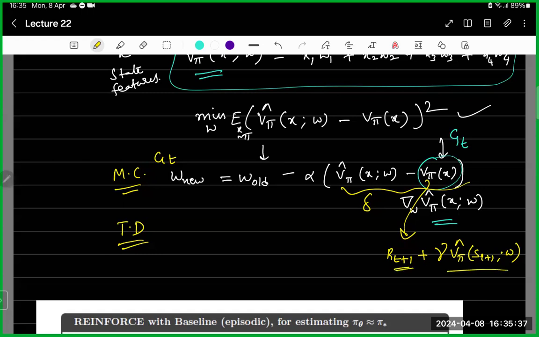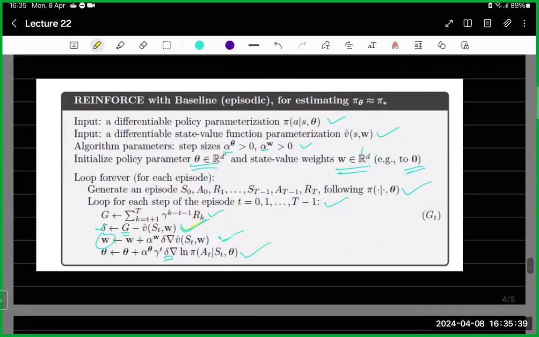So these are the only two changes that you'll make. In this theta update, instead of using GT, you'll use a bootstrapped version of the return, which is RT plus 1 plus gamma times V hat of ST plus 1. Similarly, for W also, you will just use a bootstrapped return.